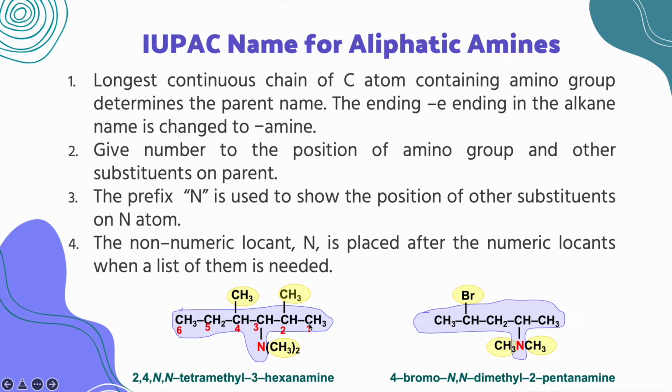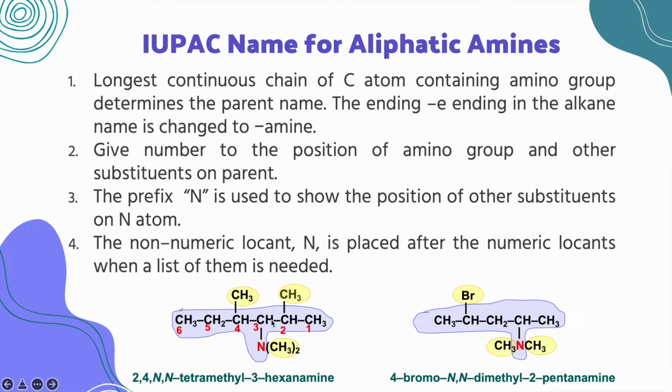We start counting from the right, and it gets number 3. If you count from the left, this carbon will get number 4, so we want the lowest number. N is attached to carbon number 3, so the name of the parent is 3-hexanamine.